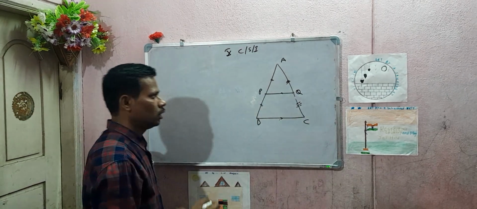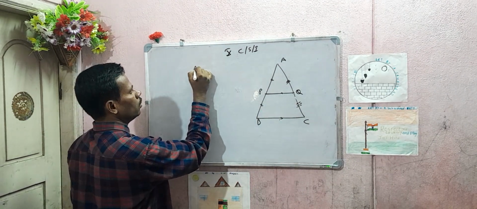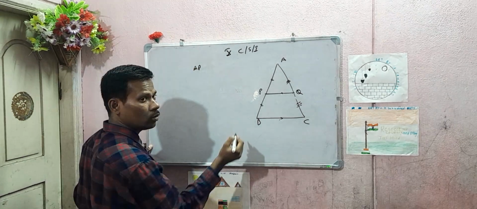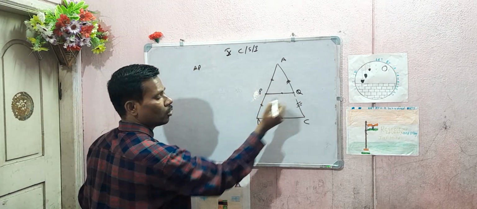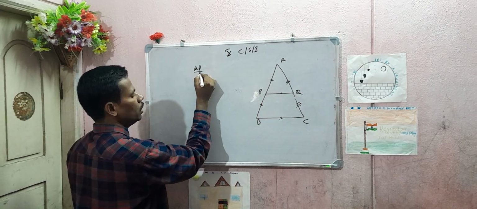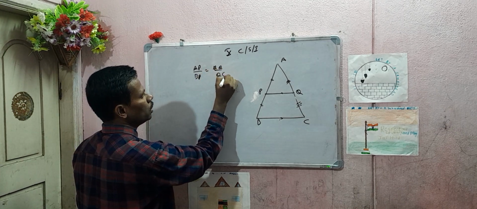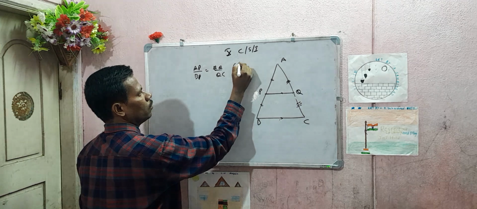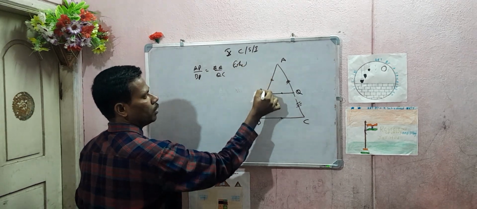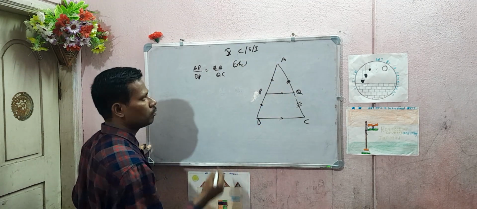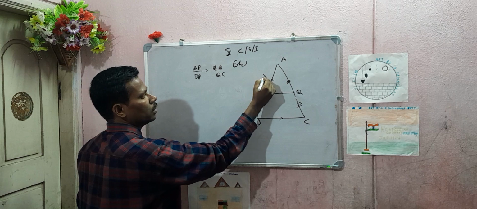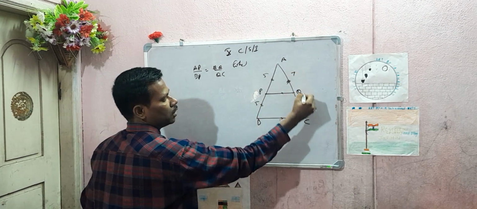Simple, students. Nothing confusing. Since P and Q are the midpoints given, AP by BP is nothing but AQ by QC. Why? Let us take AP and BP as 5, 5, and AQ and QC as 7, 7.